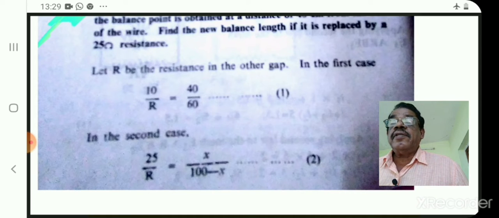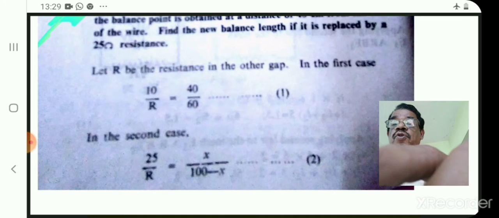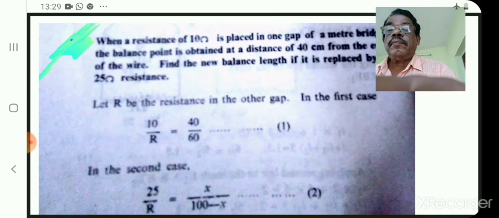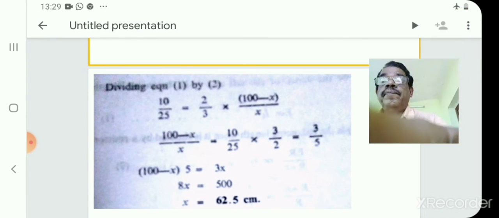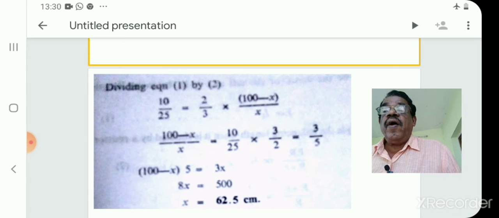The second case, in the place of 10 we have to write 25. 25 by r is equal to the new balance length x by 100 minus x. x is the balance length for 25 ohm and that we have to calculate. So we divide.